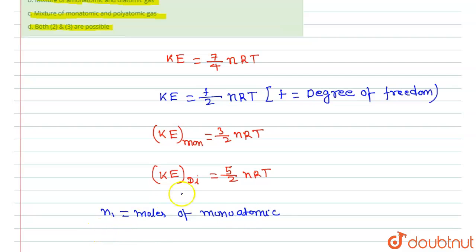Now the total number of moles is n, so n minus n1 is the moles of diatomic.